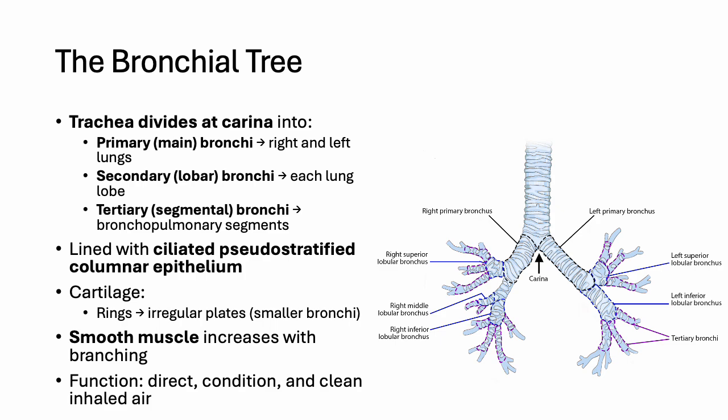This muscular control is especially important in regulating airflow through bronchoconstriction and bronchial dilation, which are influenced by the autonomic nervous system and input from inflammatory signals. The bronchial tree ensures that air is distributed across the lungs and remains filtered, warmed, and humidified throughout its journey towards the alveoli.